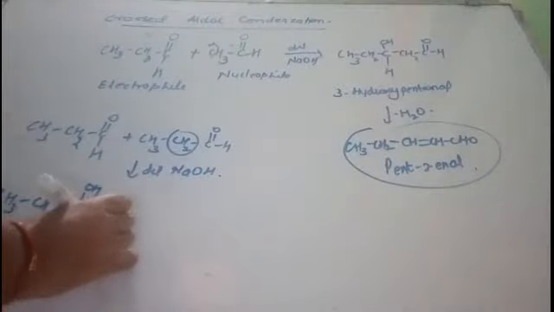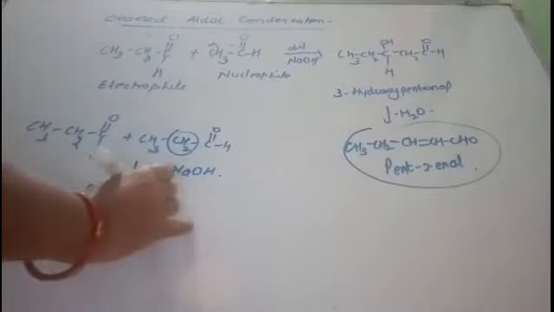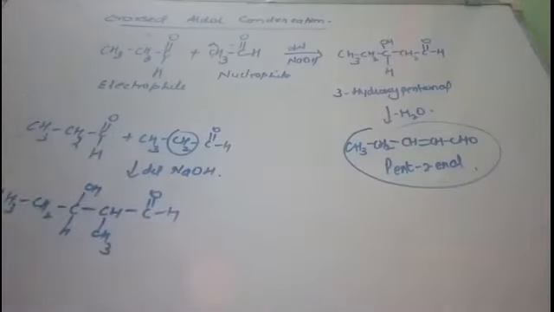from here, because this is your alpha carbon, so from here attachment will take place. This you have to remember, because most of the students attach from here, but we have to always attach from the alpha carbon, so you attach from here. Okay, so we will get this aldol.